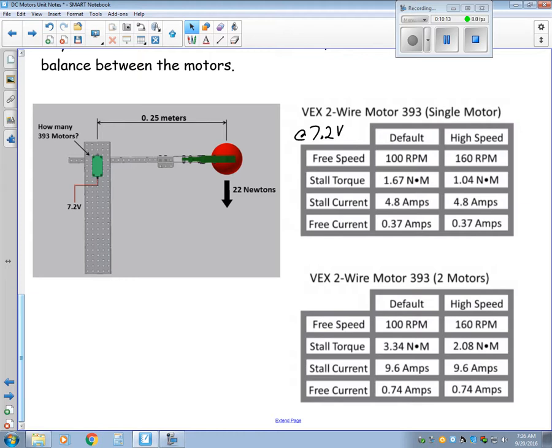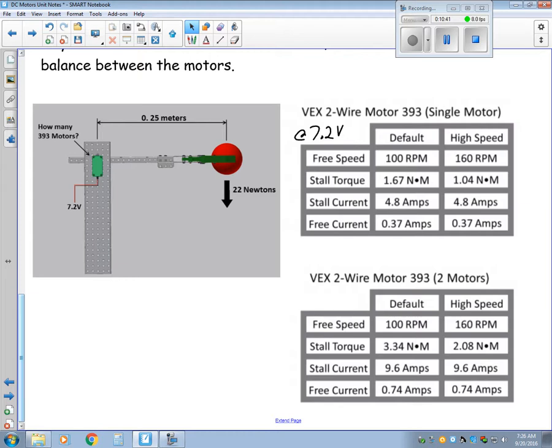Now, if I have two motors, notice that the speed does not change. Just because you add more motors does not speed it up. They're limited by how fast they can turn. But look at the stall torque, 3.34 Newton meters. If you do a little bit of math, you'll see that's double 1.67. Now it also draws more current, which should make sense. There's more motors, so it should draw more current.